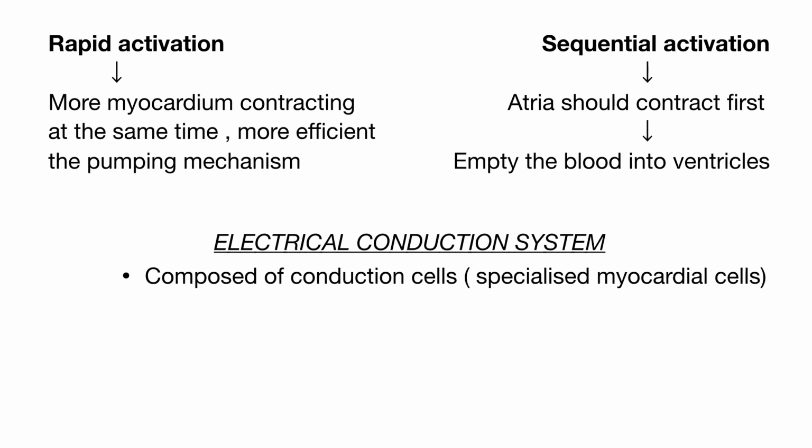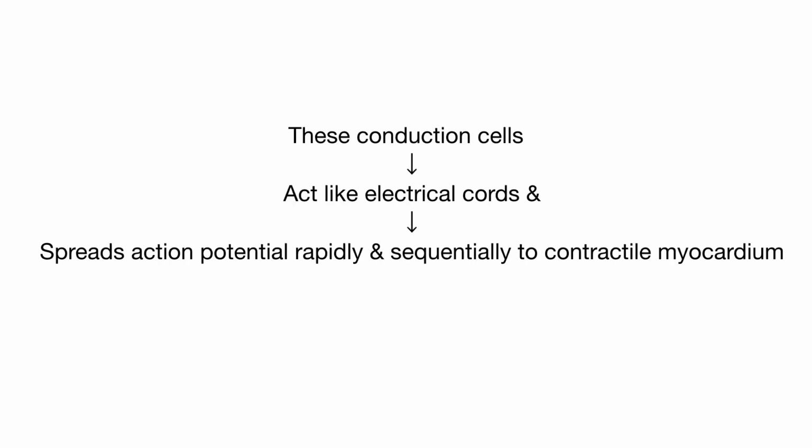These two actions are under control of electrical conduction system in the heart, which is composed of conduction cells, also called specialized myocardial cells. Specialized myocardial cells act like electrical wires in the heart and spread action potential to contractile myocardial cells so that the actual contraction of myocardium begins.